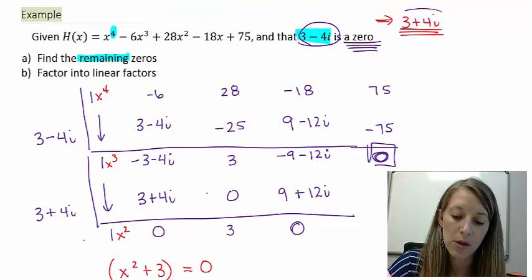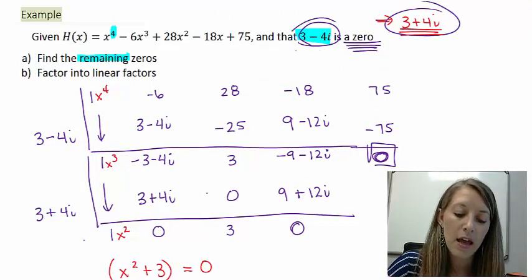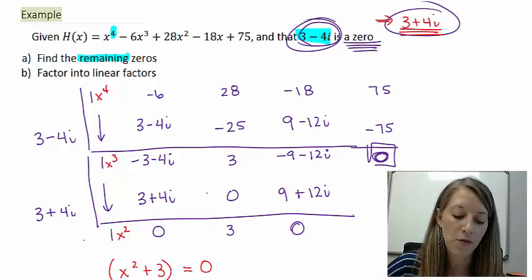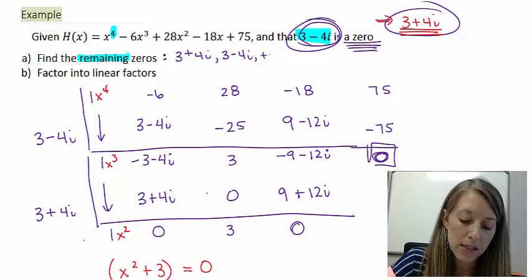And then my other 2 zeros, one I knew because of the conjugate theorem, 3 plus 4i, and the other one was given to us, 3 minus 4i. So all of our zeros total are 3 plus 4i, 3 minus 4i, positive root 3i, and negative root 3i.